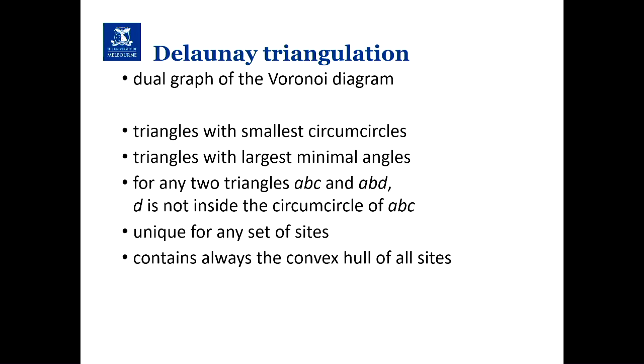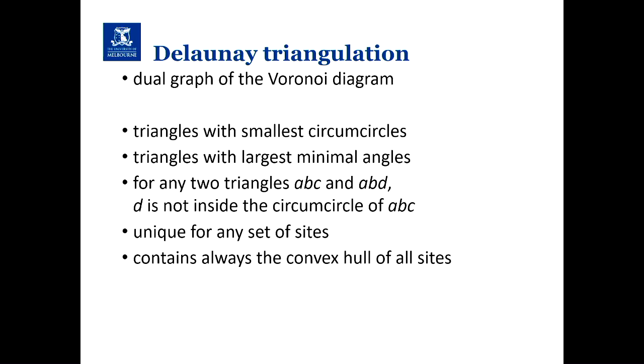It's the difference between the angles. In the red case, this angle is quite big. The difference between this one and this one is bigger than the difference between the green ones, between these three. The difference between the green angles is smaller than the difference between the red angles. So these are the two main conditions of Delaunay triangulation: the smallest circumcircle, you can see that the green one is much smaller, and the smallest difference between the inner angles.